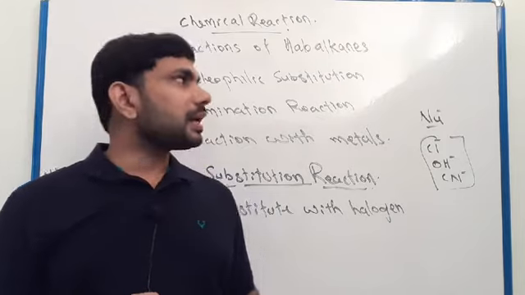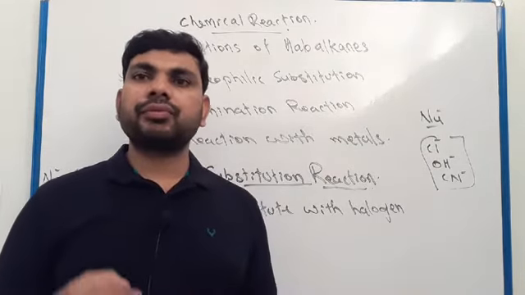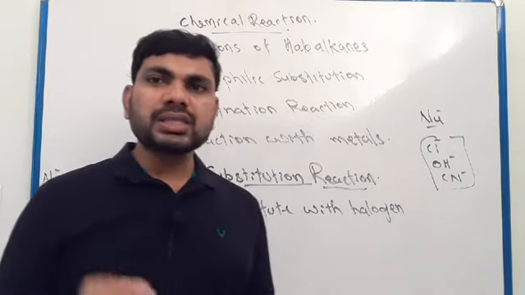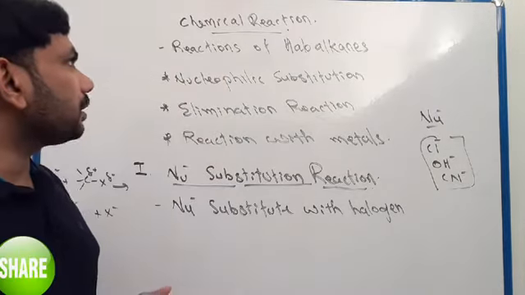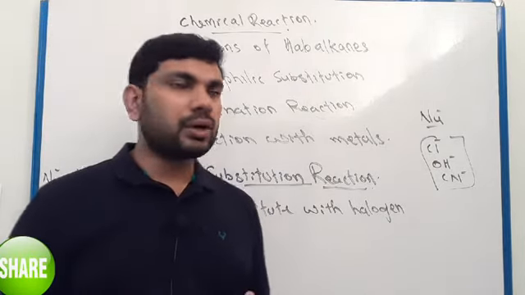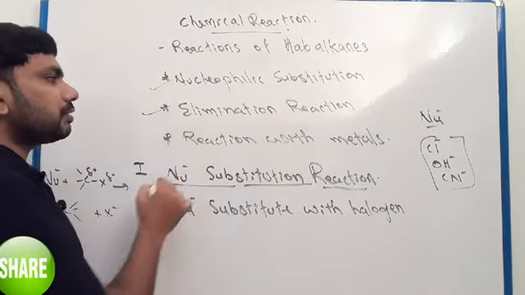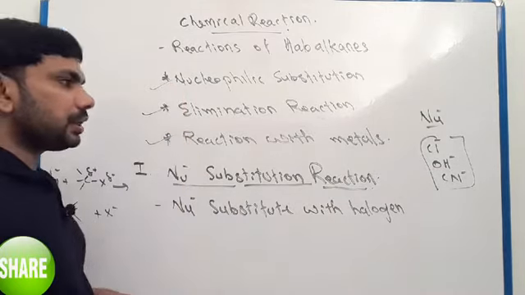Second one, elimination reaction. Third one, reaction with metal. So these are the three different types of chemical reactions of haloalkanes: nucleophilic substitution reaction, elimination reaction, reaction with metal.